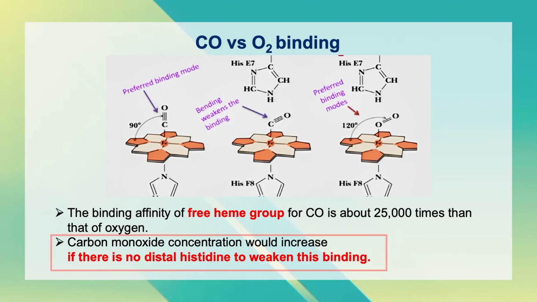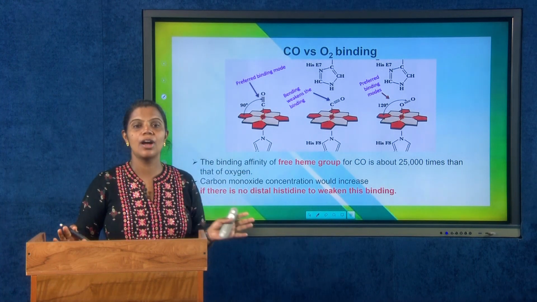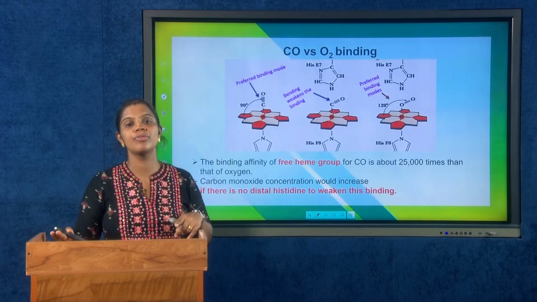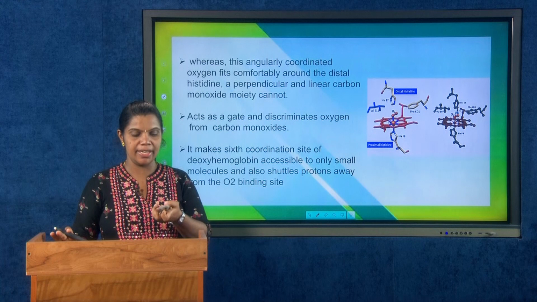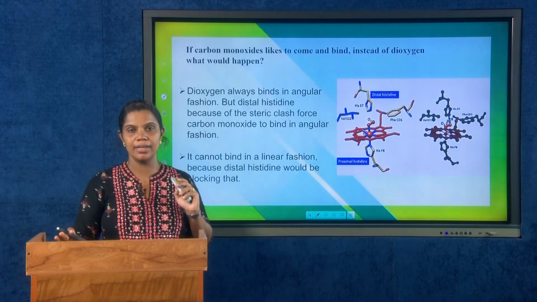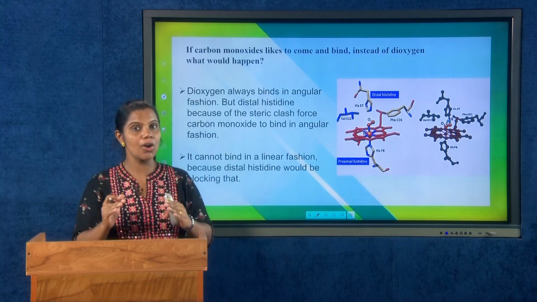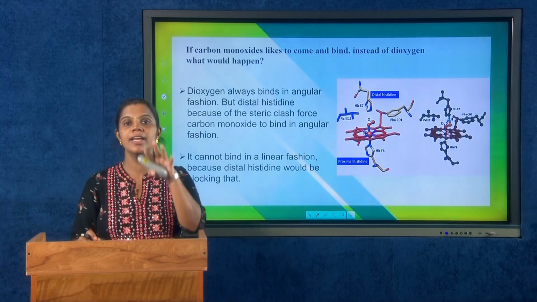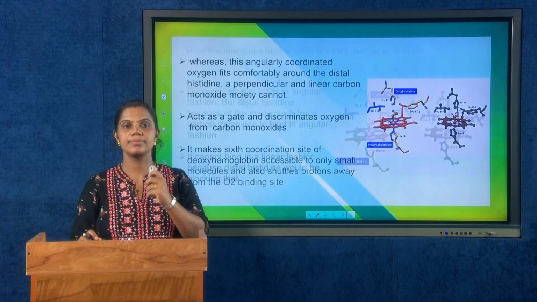So, we can simply say that the binding of carbon monoxide would increase only if there was no distal histidine to weaken it. Since distal histidine is present, it will block the binding of carbon monoxide at the heme center.